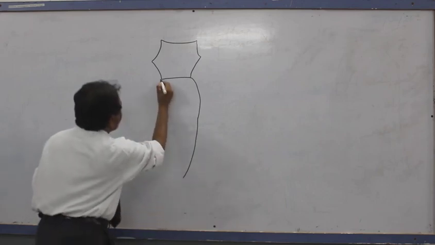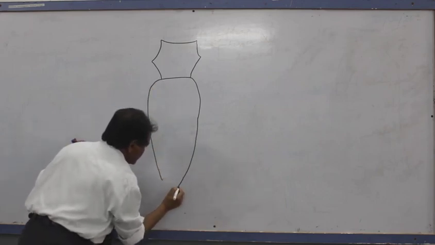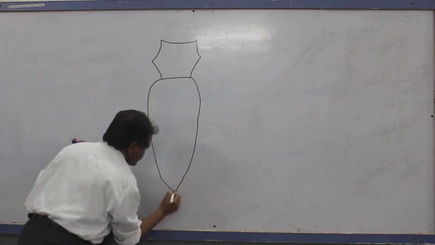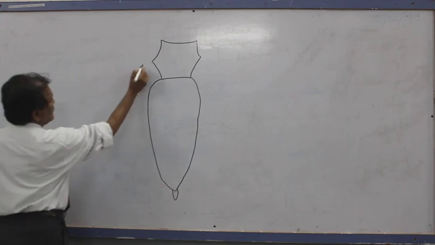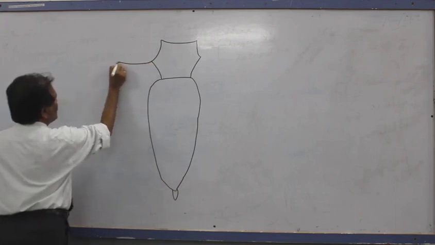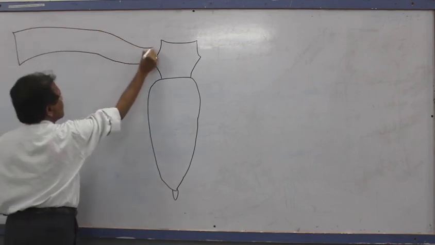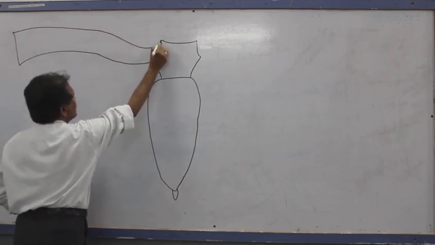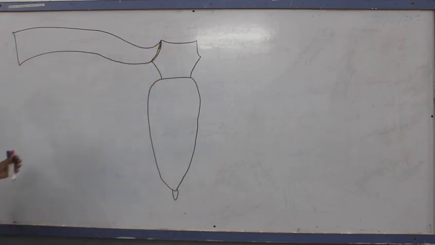And here there is a small process, called the xiphoid process. Laterally at this region, this one is the clavicle, medially and laterally.